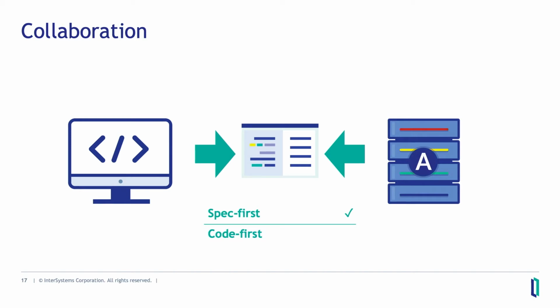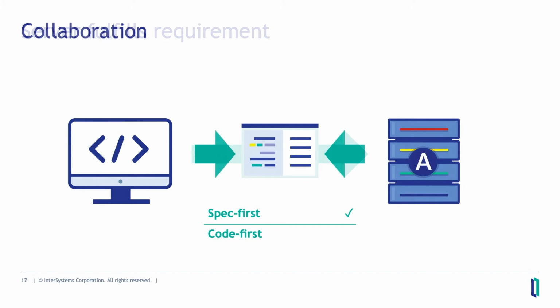The design document says we need to provide this feature. So code-first can't work here for the back-end team. We can't, or we wouldn't want to only make updates from one side. It would be great if both of these teams could work together and collaborate on the Swagger spec. So we both agree on what the idea of the interface is, and then each go back and generate code as we need it.